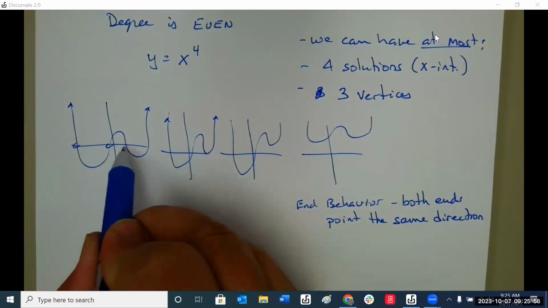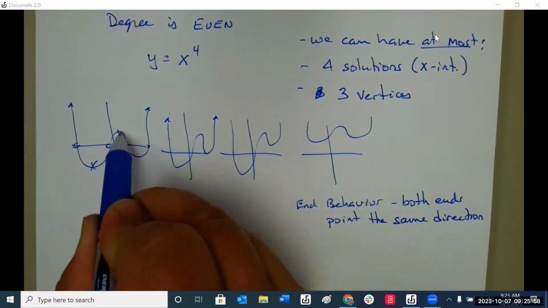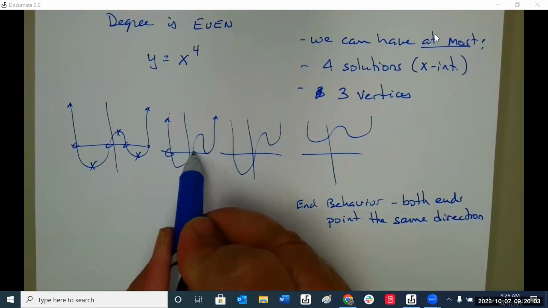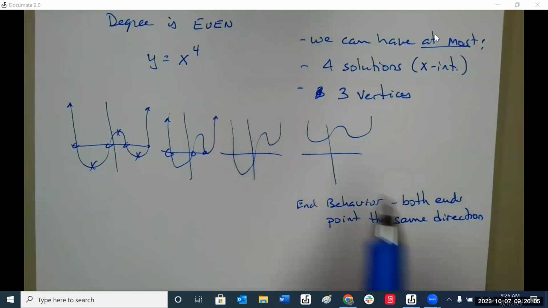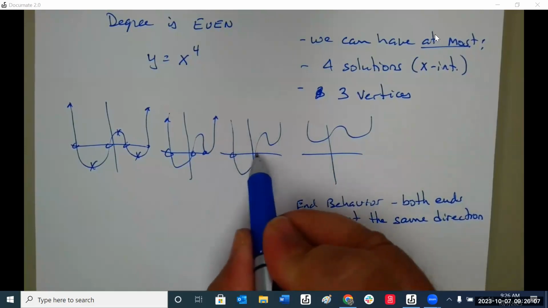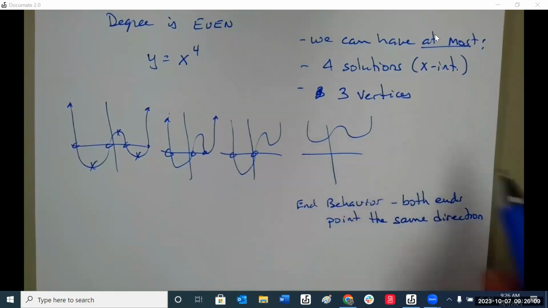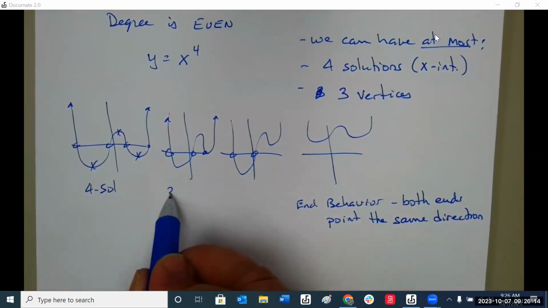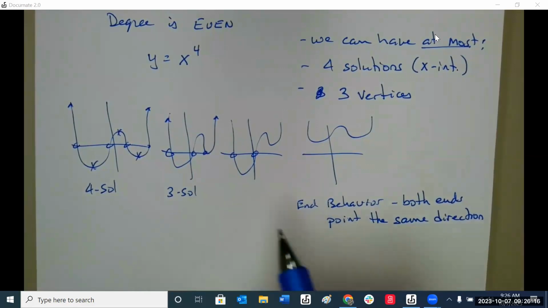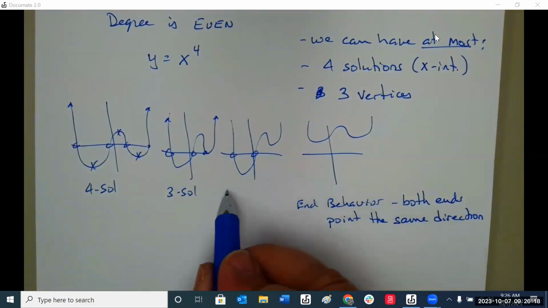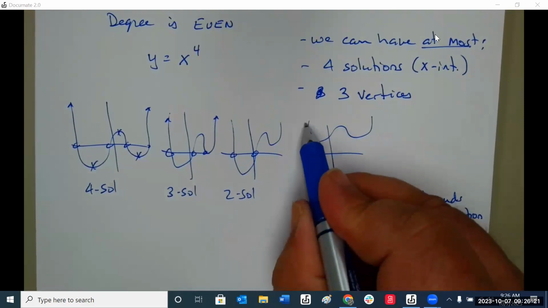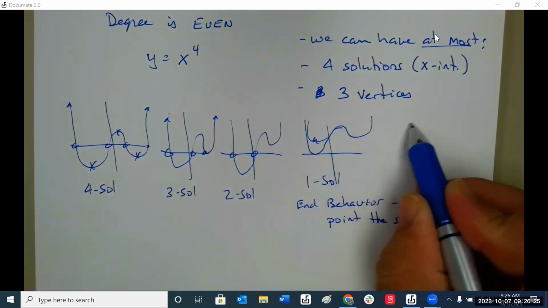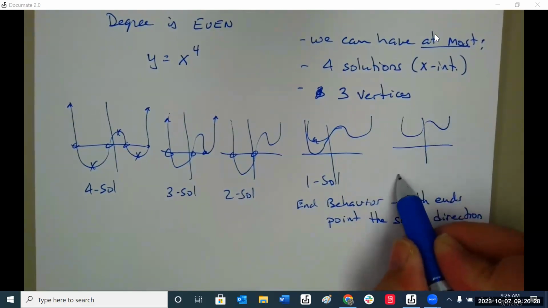So we can have 4 solutions, which means we have 3 vertices. We can have 3 solutions. We can have 2 solutions, or we can have 1 solution, or we can have no solutions.